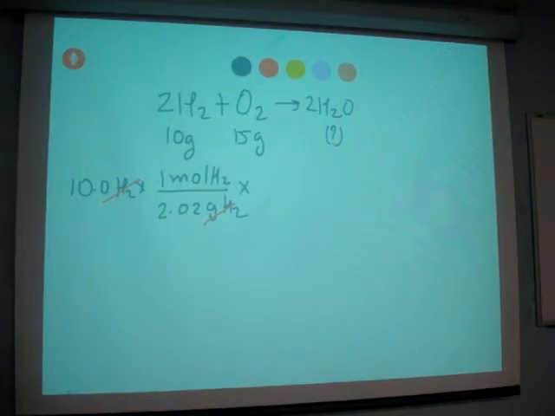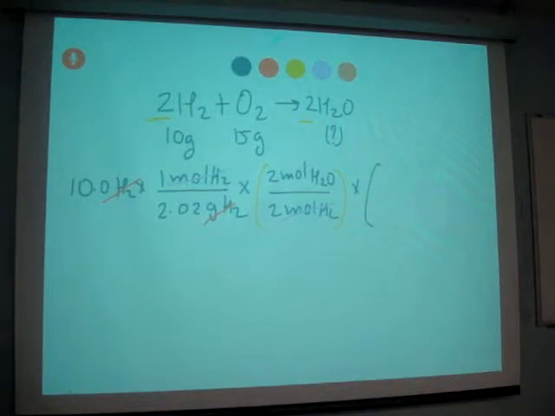And when you see the mole ratio here, 2 to 2, we use 2 moles H2O and 2 moles H2. So when you do that, moles of H2 cancel, you get moles of H2O.